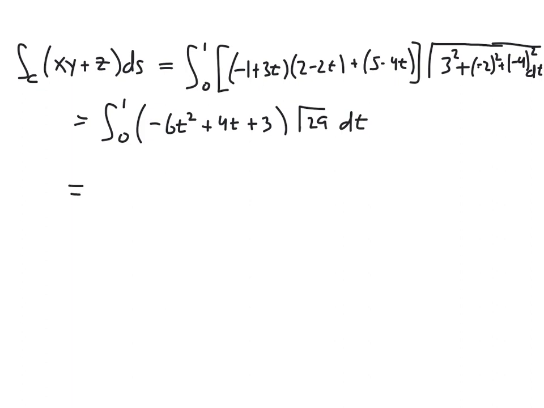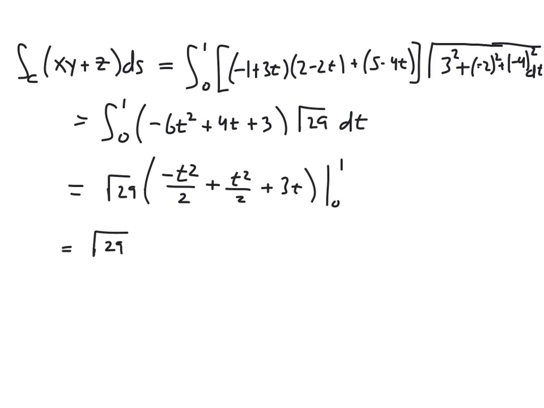Right, and so to find the exact value of this line integral, we're going to have the square root of 29. We'll have an antiderivative here of -2t cubed plus t squared over 2 plus 3t from 0 to 1.